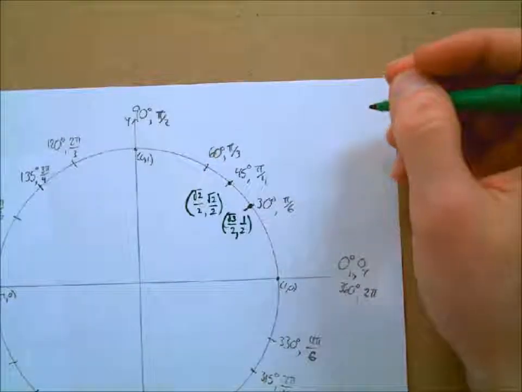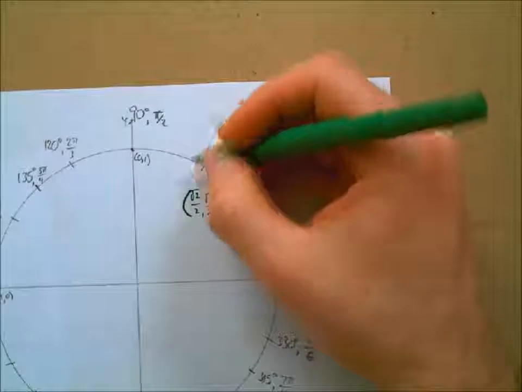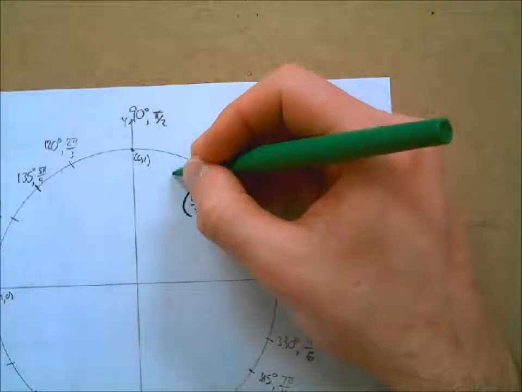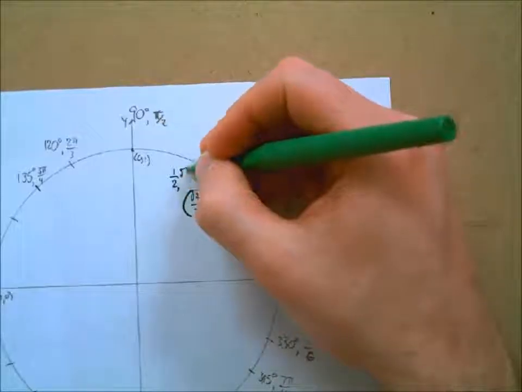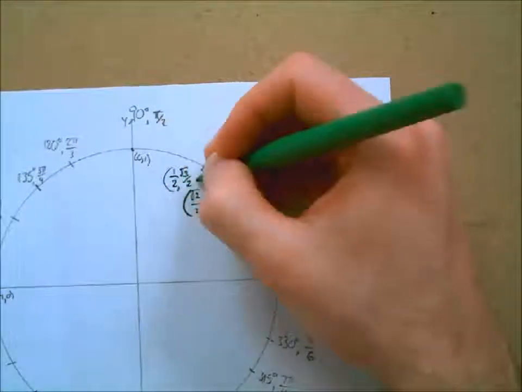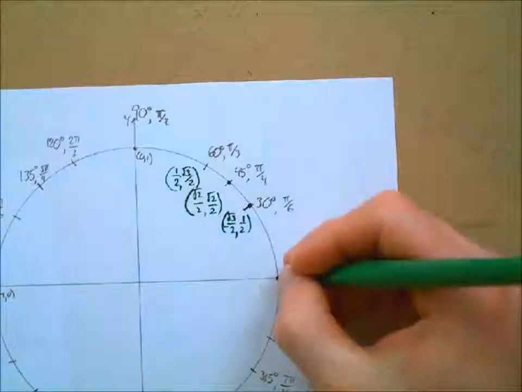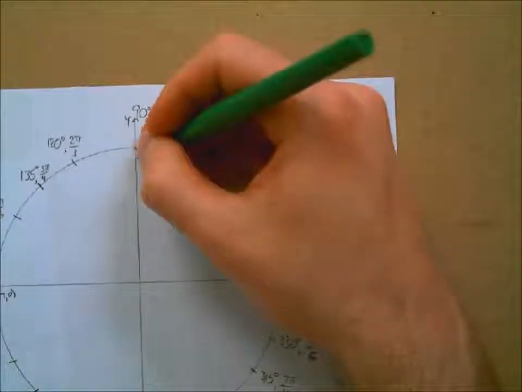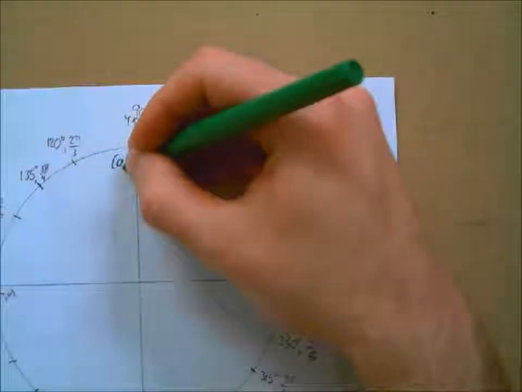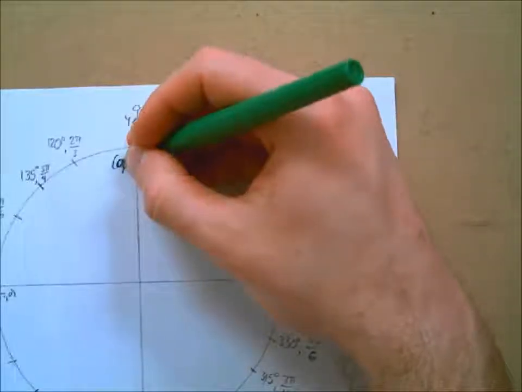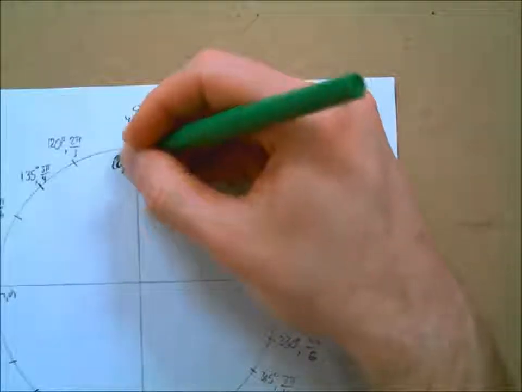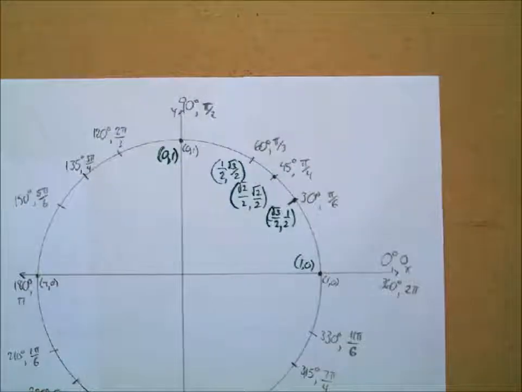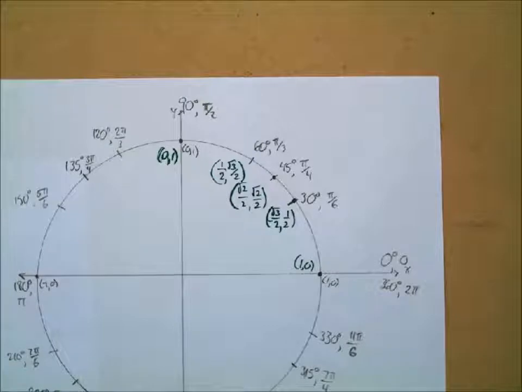And then 60 degrees, or pi over 3, that is 1/2, comma root 3 over 2. Question, Ryan? Yes. Okay, and then I put the 1, 0 and the 0, 1 in there too, just for our purposes.